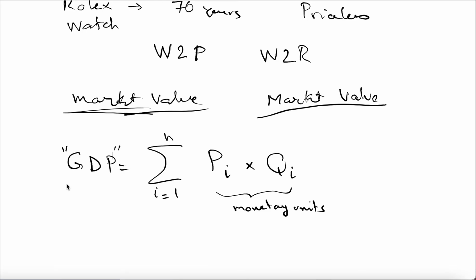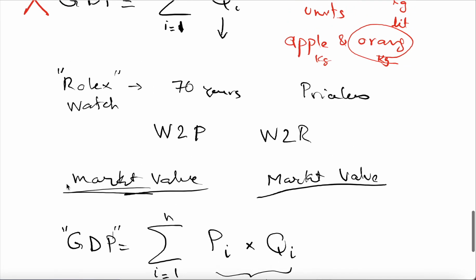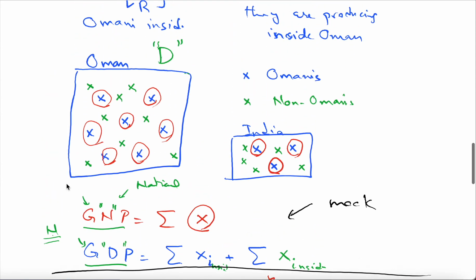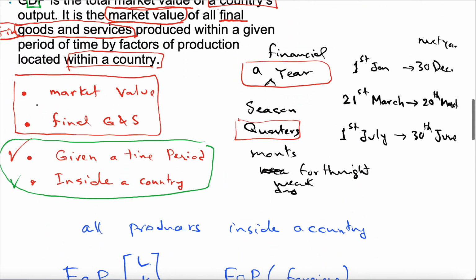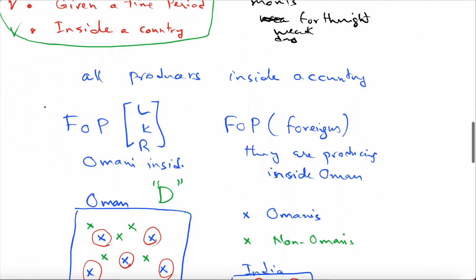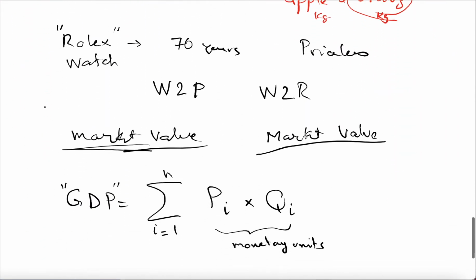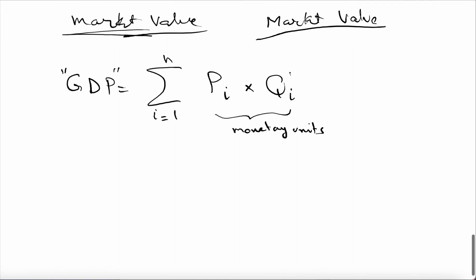But wait a second. The last thing which is left is the keyword: final goods and services. We cannot say all goods and services. So I put in the definition another keyword: it should be final goods and services.